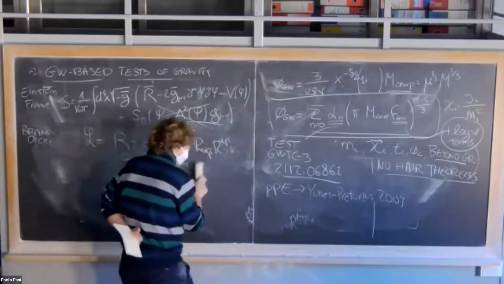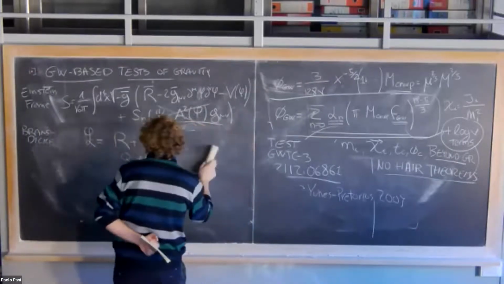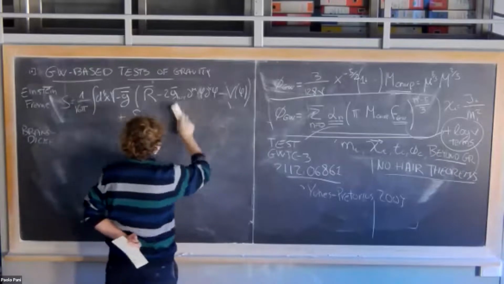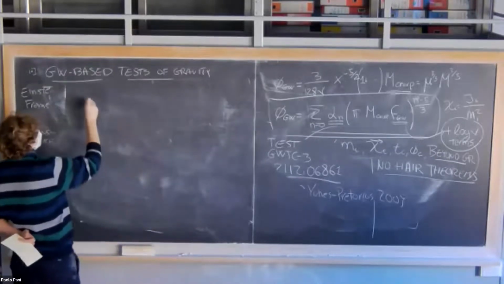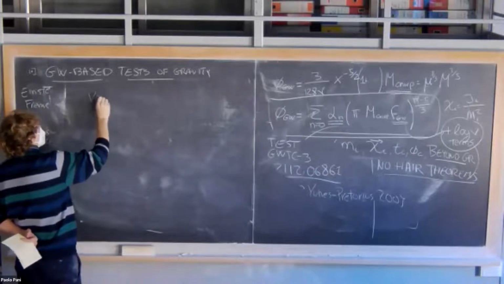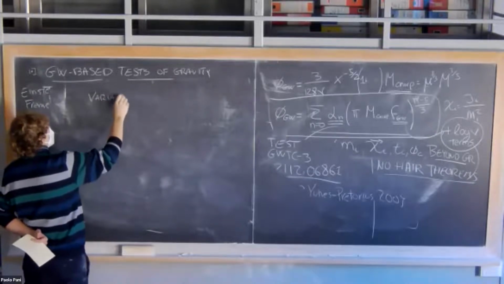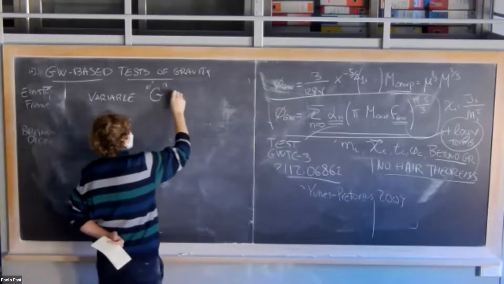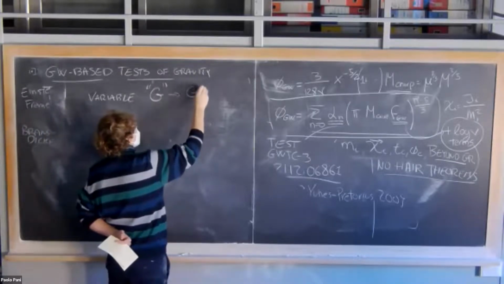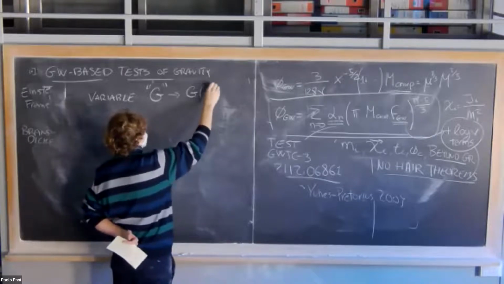So this was just one example of correction of the gravitational wave dynamics, but there are many others. For example, one can consider a variable capital G, so elevating the G to some function of space-time.